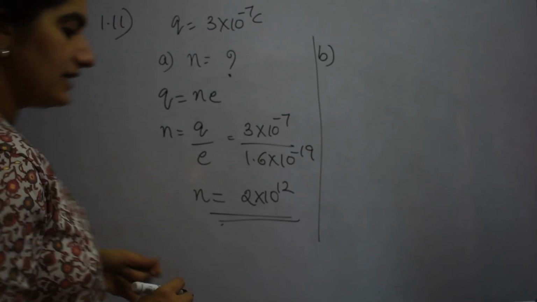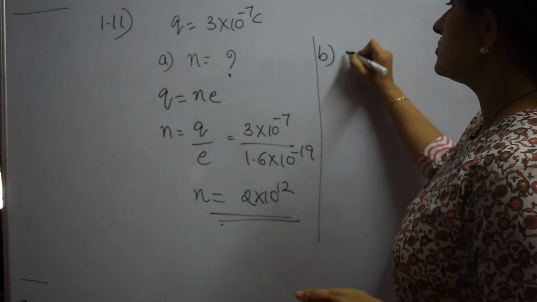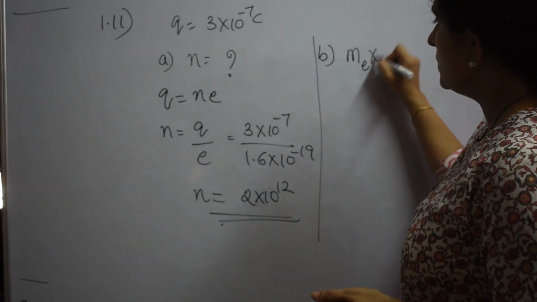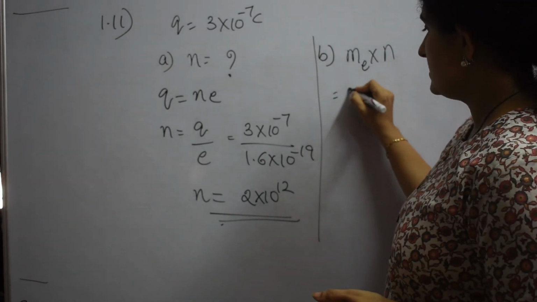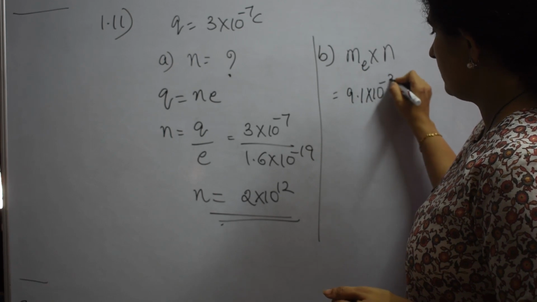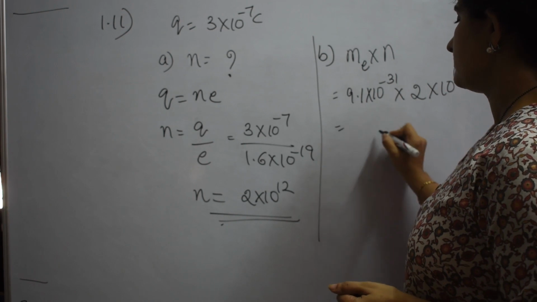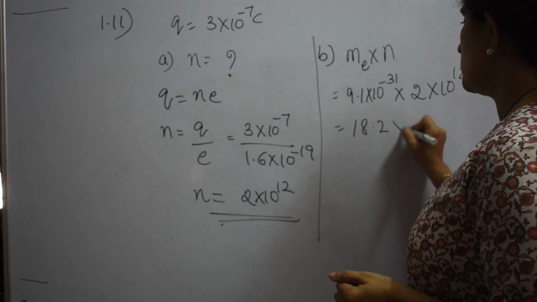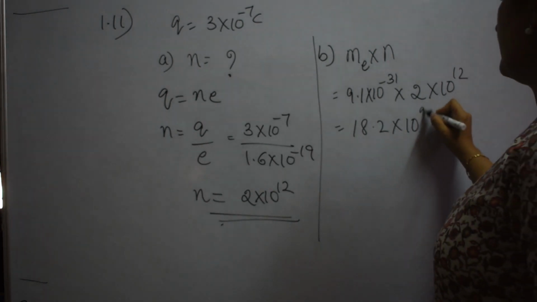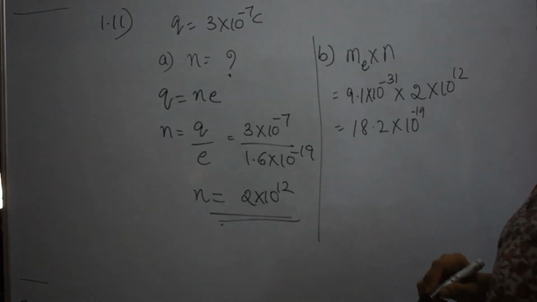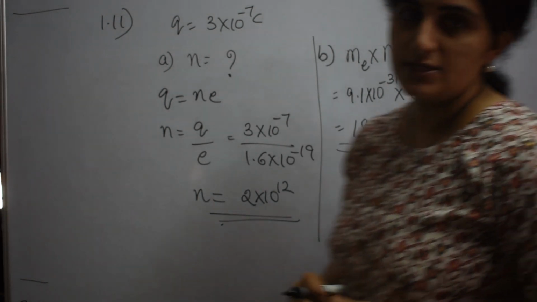Each electron has a mass of 9.1 into 10 to the power minus 31 kg. So total mass transferred is equal to mass of each electron into total number of electrons. So it is 9.1 into 10 to the power minus 31 into 2 into 10 to the power 12, which is 18.2 into 10 to the power minus 19.